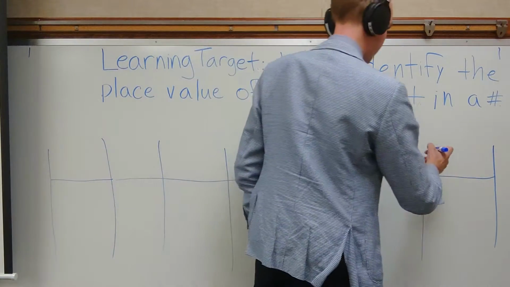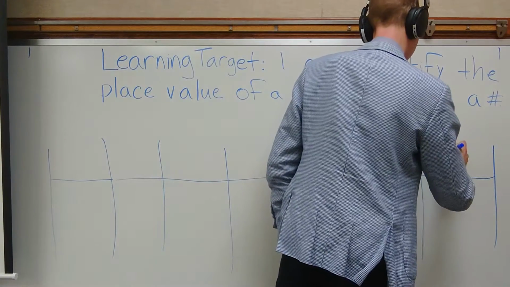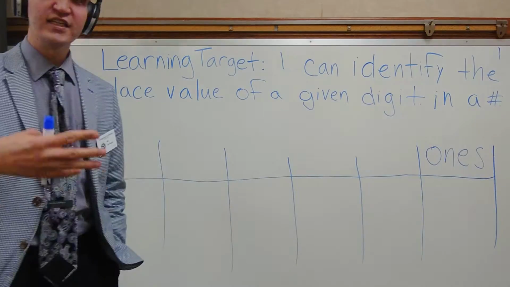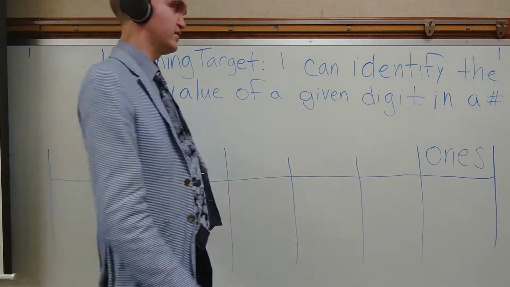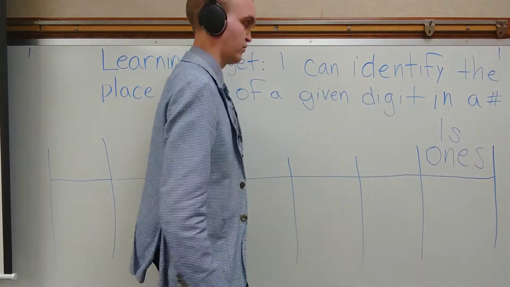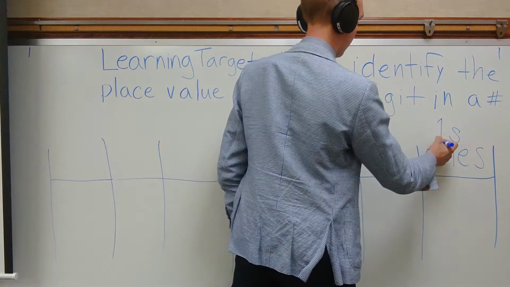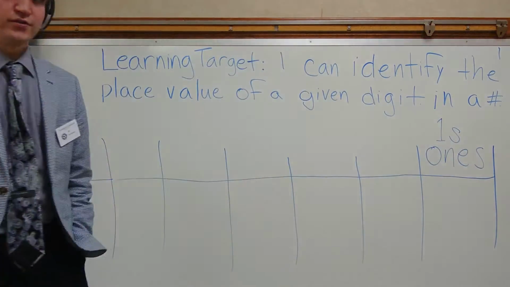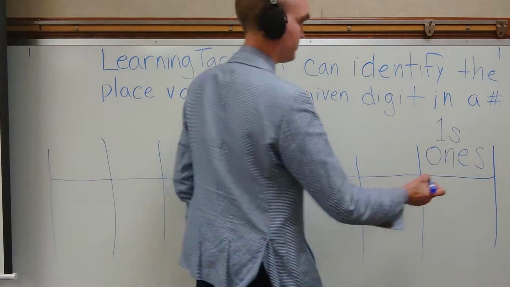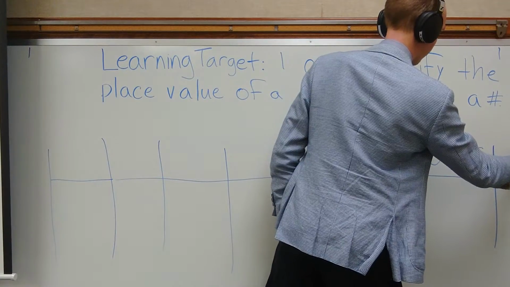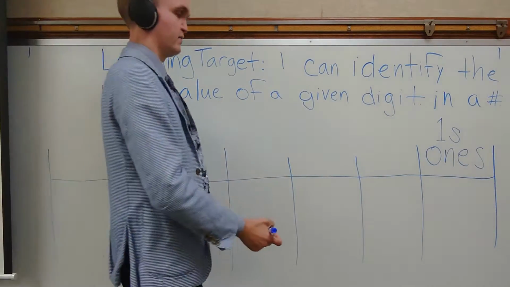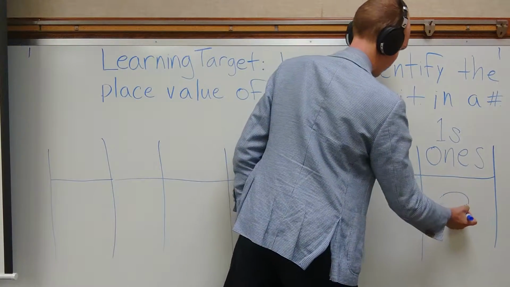Now you can name this digit ones, or if you're like me and you like to write a little fast, you could call it the number 1s, right? These are the ones. So if I write the number 3, that would mean I have just 3 of something, right? I would have 3 ones because there would be a 3 in the ones place.